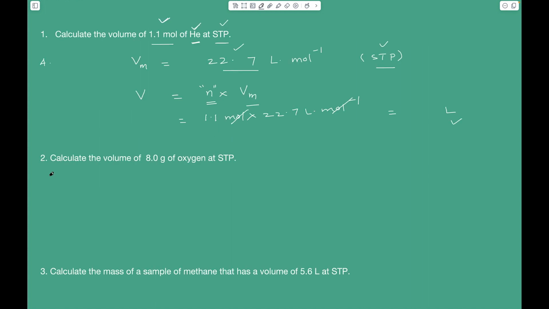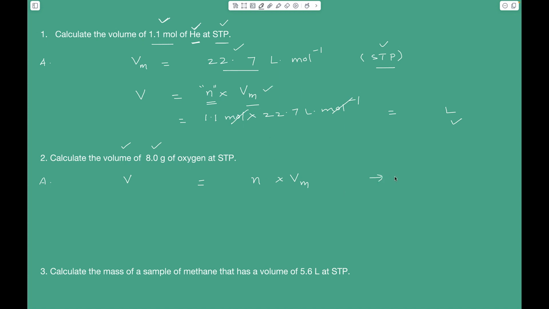liters. Now, in the next question, we are asked to calculate the volume of 8.0 grams of oxygen at STP. If you know the molar volume of any substance, you can get its volume by multiplying its molar volume with the amount of substance, right? That's what we have done here.